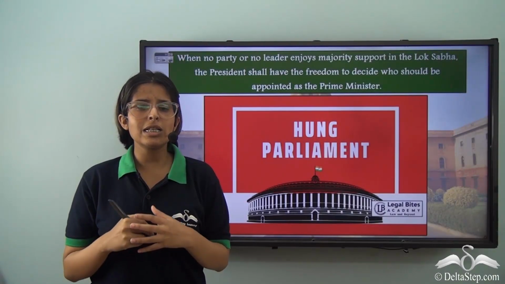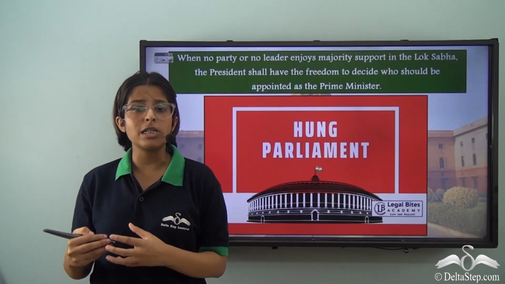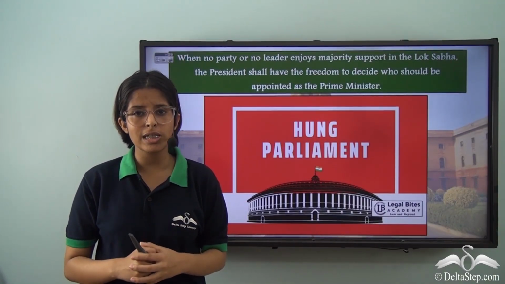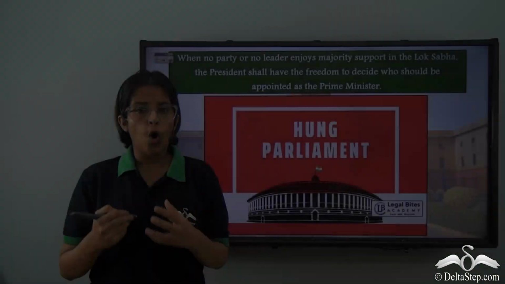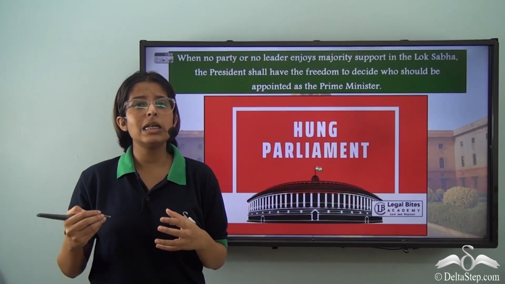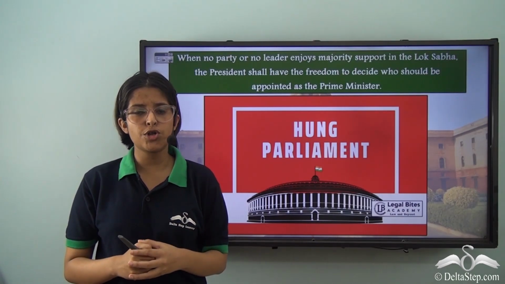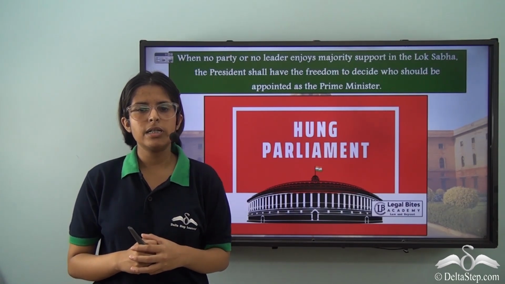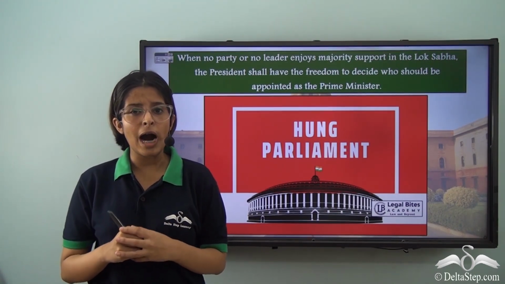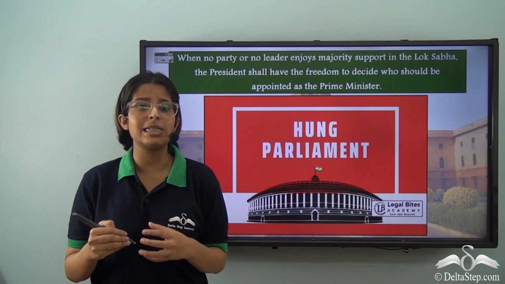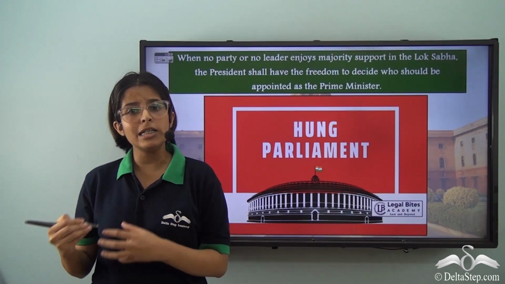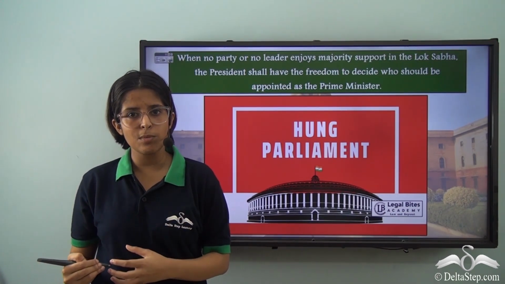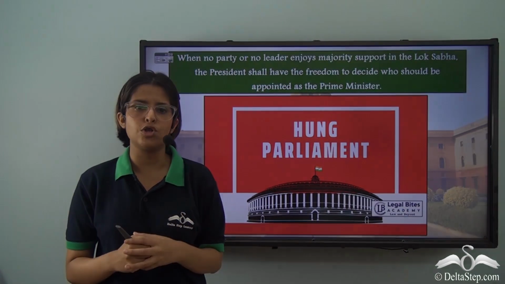So, the president has to see if the party which has got the maximum votes is in a position to form a stable government, or if two or more parties will newly form a coalition and run the government. Thus, in the situation of hung parliament, the president has the discretion of appointing the Prime Minister as the leader of the party that gets maximum votes or the leader of the coalition.